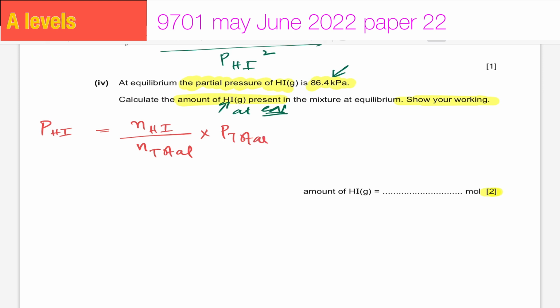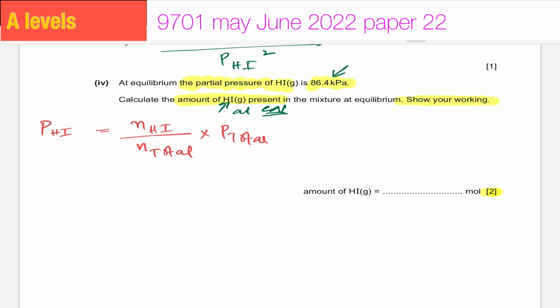Alright, but to solve this question, we have the total pressure and the partial pressure of hydrogen iodide, but we don't know the total number of moles or the moles of hydrogen iodide. This is what we have to find out.